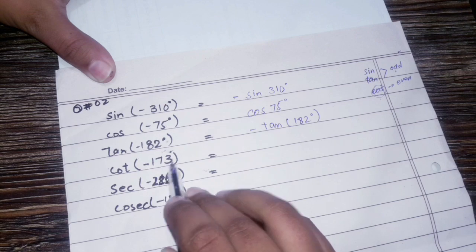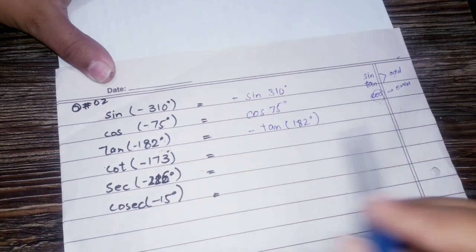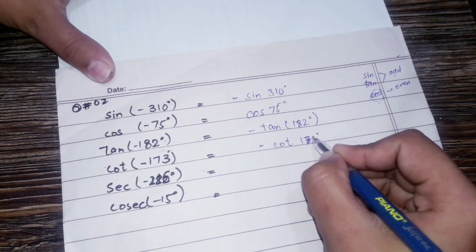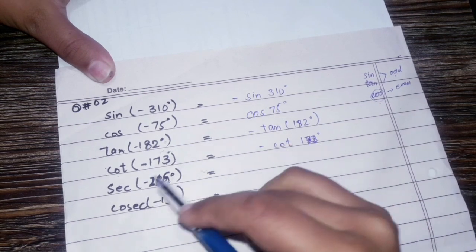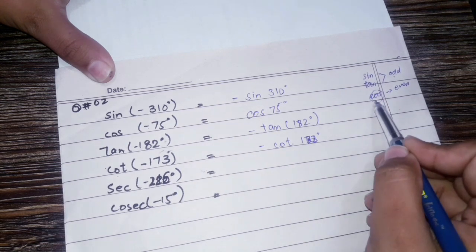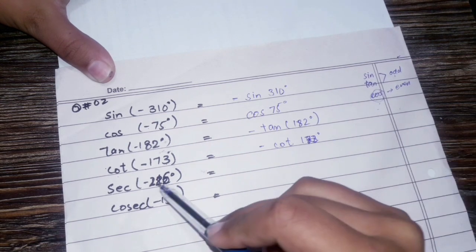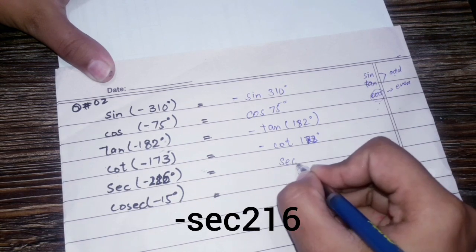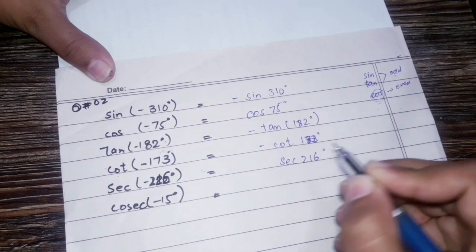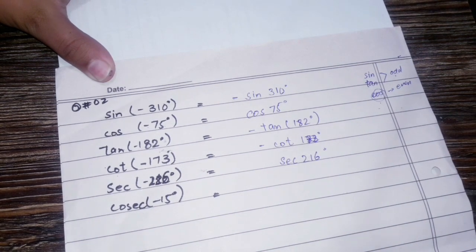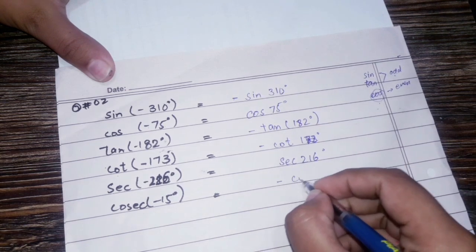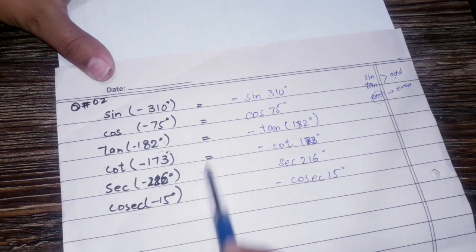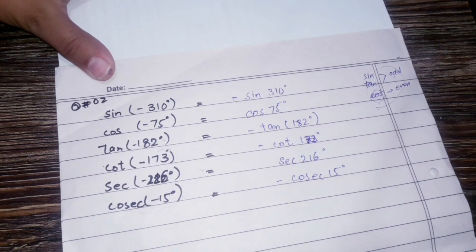Cot minus 173 degrees. Cot is an odd function, so minus cot 173. Next is secant minus 216. Cos and its reciprocal secant are even functions, so it comes out as secant 216. Cosecant minus 15, so minus cosecant 15. This is how we can solve these kinds of questions with the help of even and odd trigonometric functions.